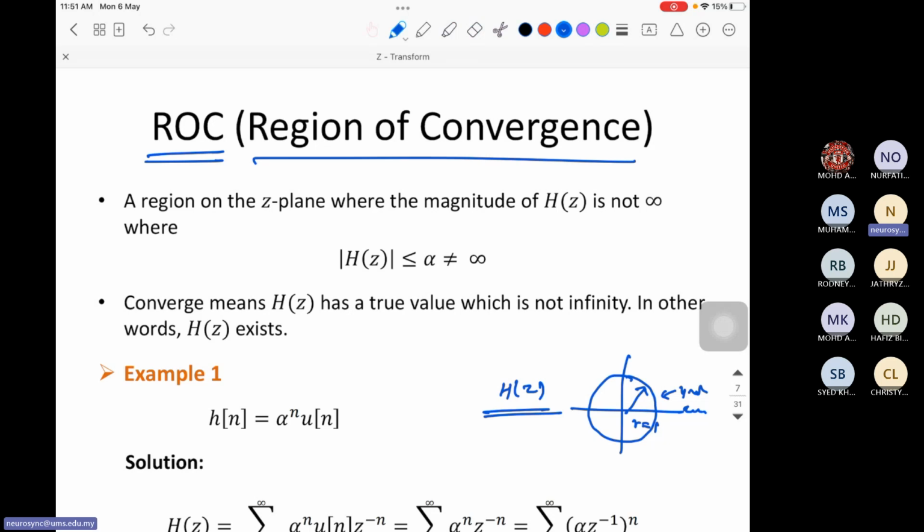We are talking about the Z transform and the Fourier transform. If the ROC includes the unit circle, then the Fourier transform also exists.